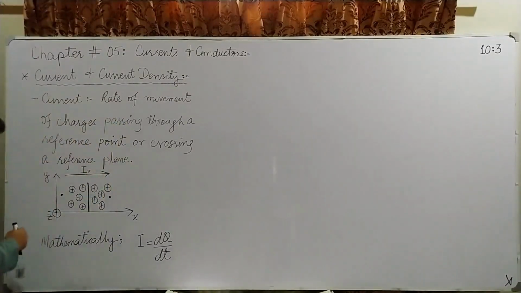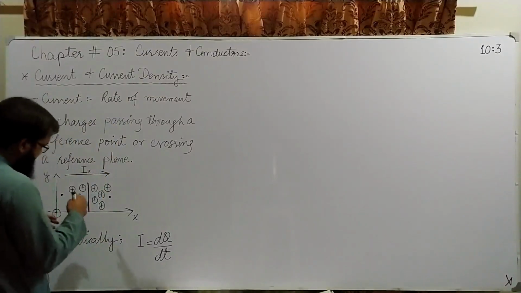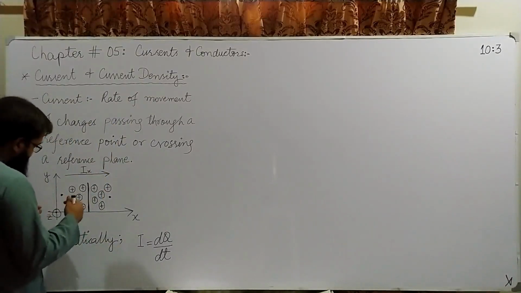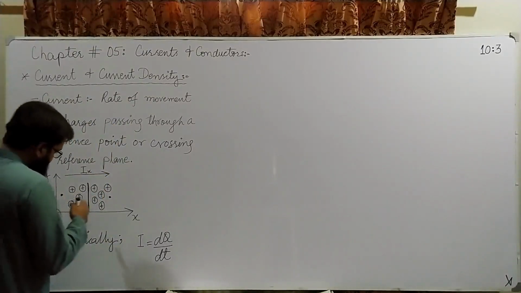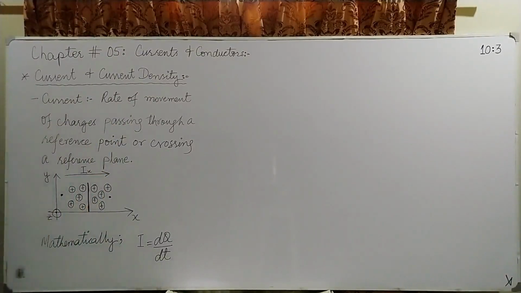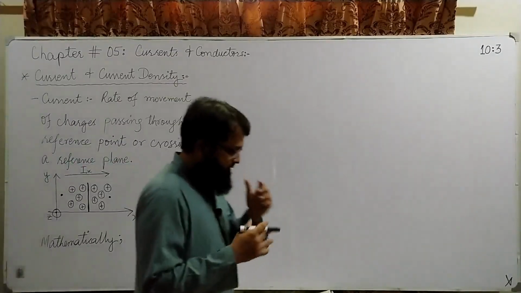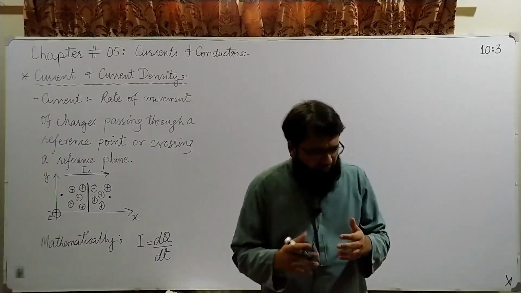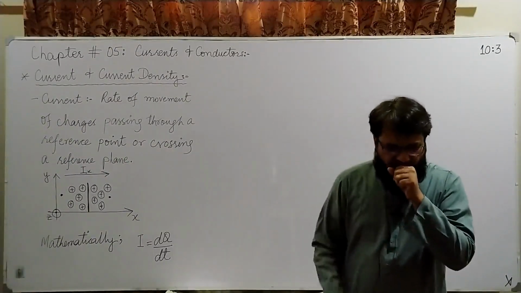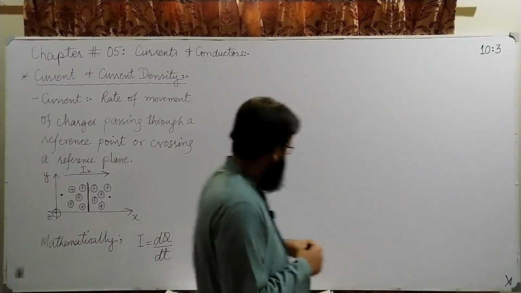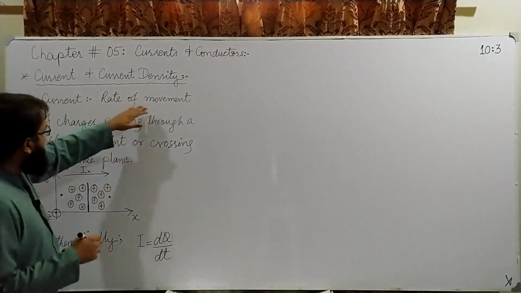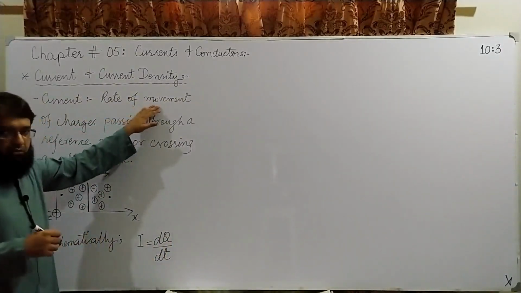Current can be defined by observing movement of charges through a point as defined here. Later on we'll discover that movement is not really necessary to constitute current.